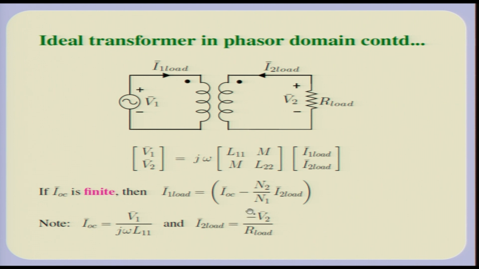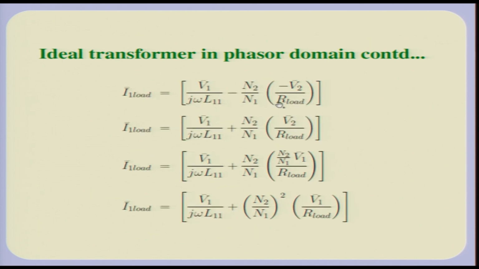Okay. If you have a resistive load at the secondary, then it is also true that minus V2 by R load is equal to the secondary side current. And if you substitute this in the basic transformer equations, if you just follow these equations, what you get in the end is that I1 load can be written completely in terms of V1.